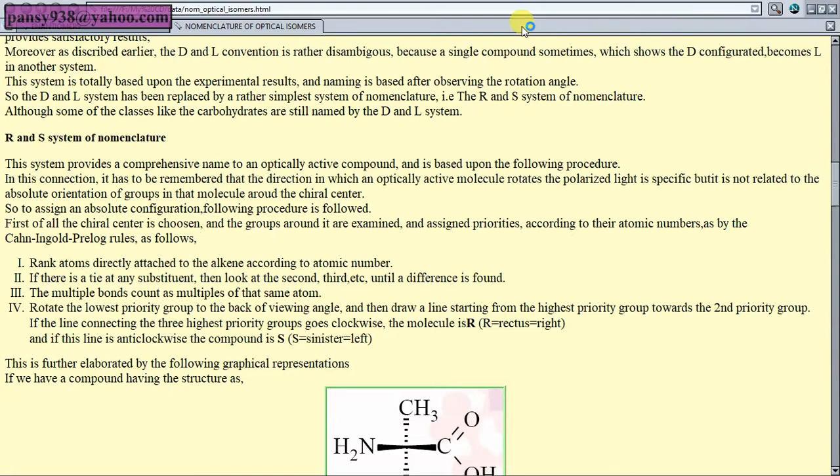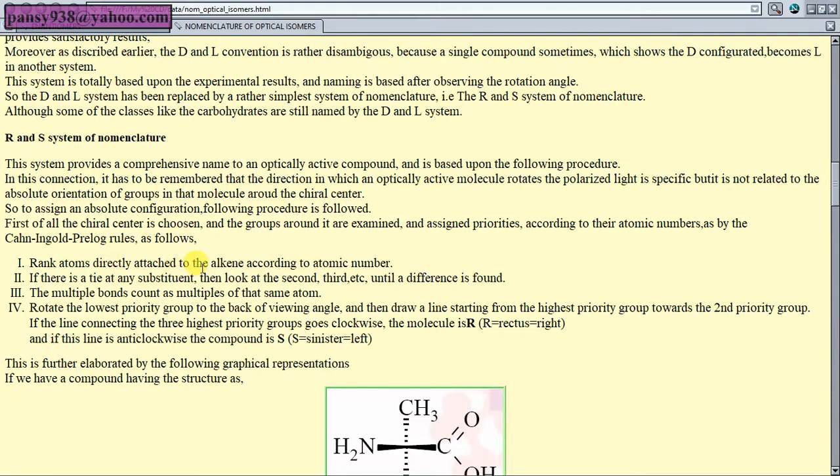So the different rules which are employed in naming the compound by the R and S system are the following. The first rule is to rank atoms directly attached to the chiral center according to their atomic numbers. That is, we have to rank the different atoms attached to the chiral centers according to their atomic numbers.